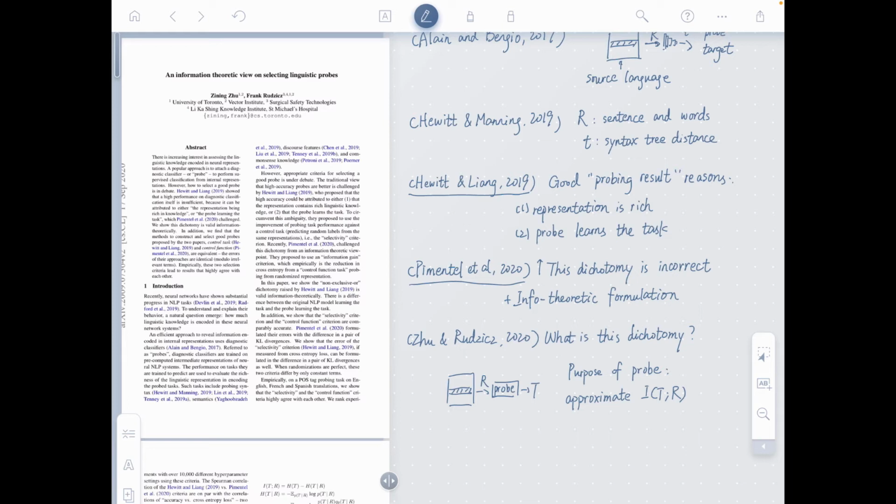So let's dive into this paper. First, we want to give a formulation of this dichotomy. The purpose of the probe is to approximate the mutual information between the target and the representation.